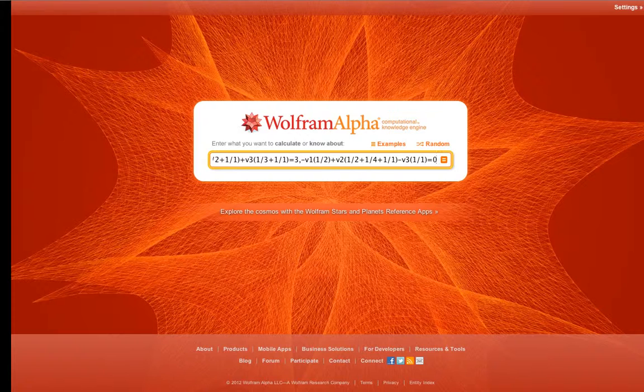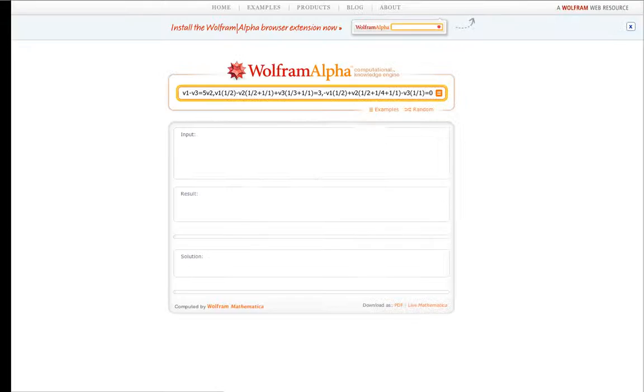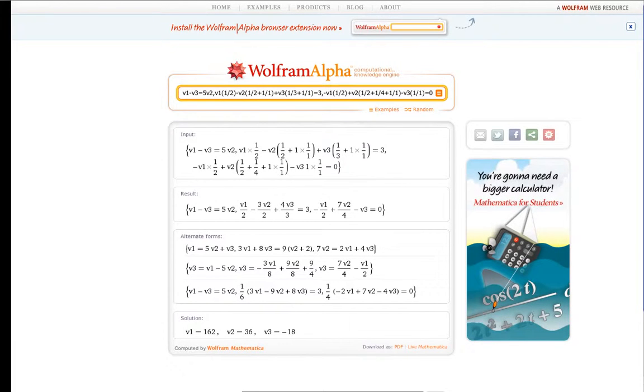So hopefully if we got this right, we just hit return, and Wolfram Alpha does a lot of solving for us, and there you have it. We end up with V1 equal to 162 volts, V2 is 36 volts, and V3 is minus 18 volts.